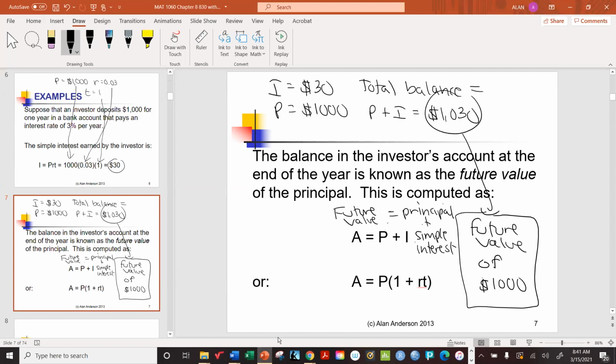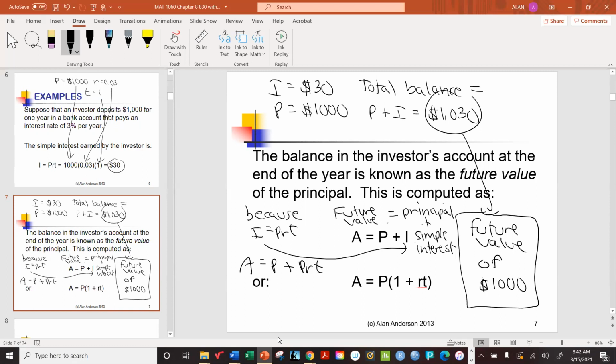Now, algebraically though, because I equals PRT, if you plug this into this formula, you'll see that you actually have A equals P plus PRT.